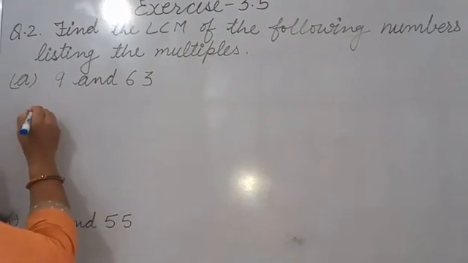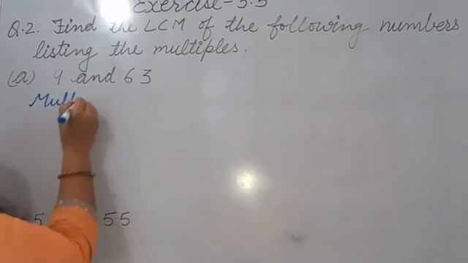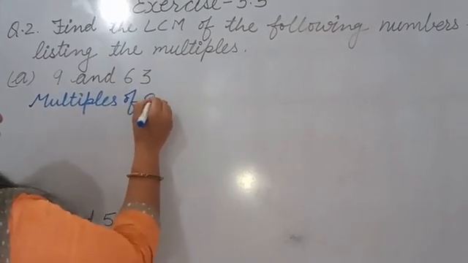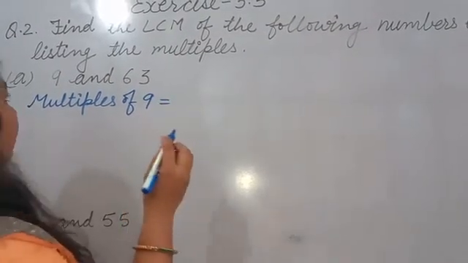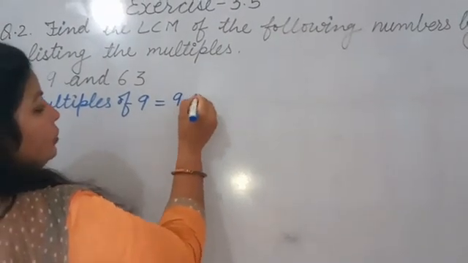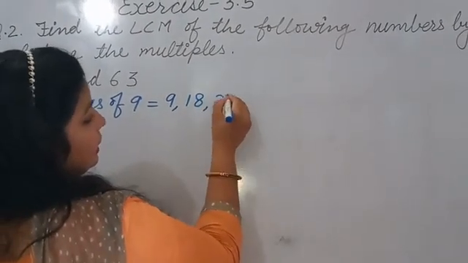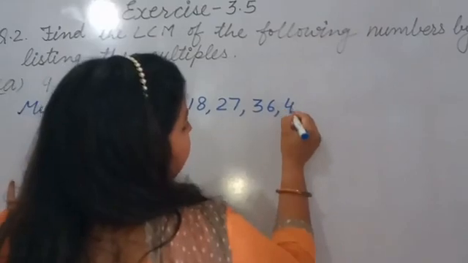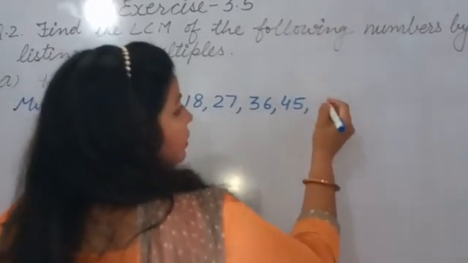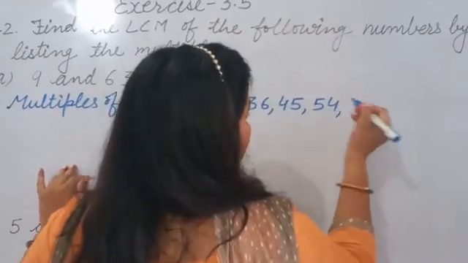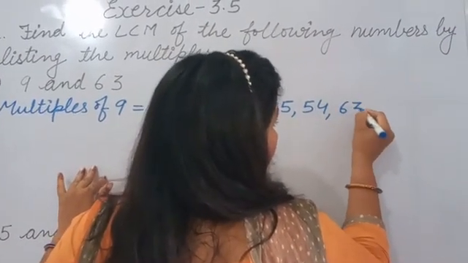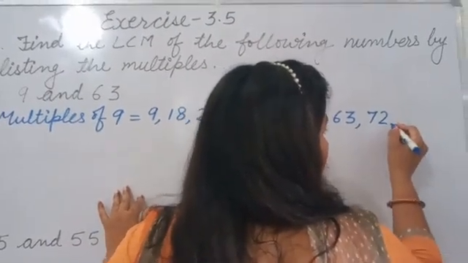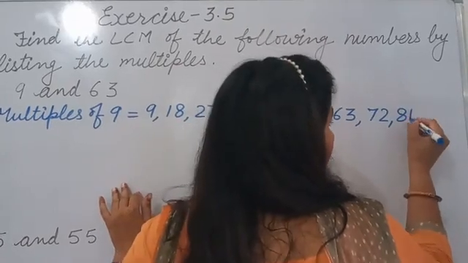So what are the multiples of 9? 9 ones are 9, 9 twos are 18, 9 threes are 27, 9 fours are 36, 9 fives are 45, 9 sixes are 54, 9 sevens are 63, 9 eights are 72, 9 nines are 81.